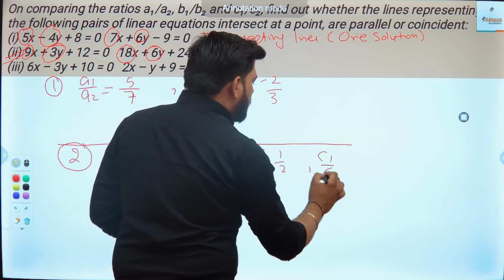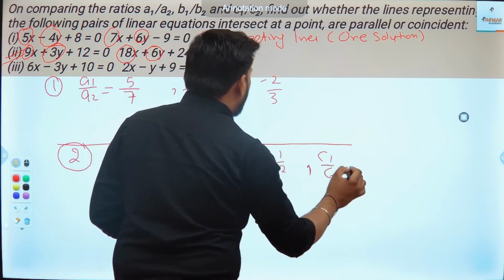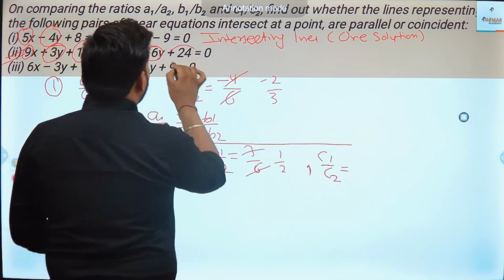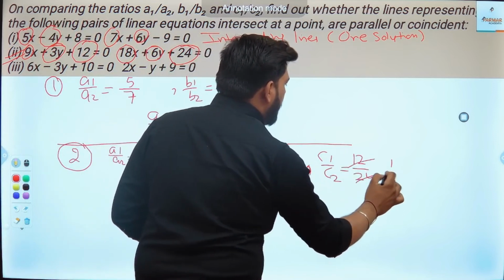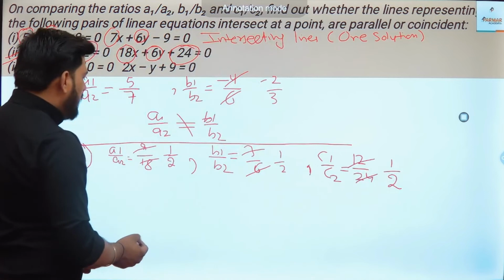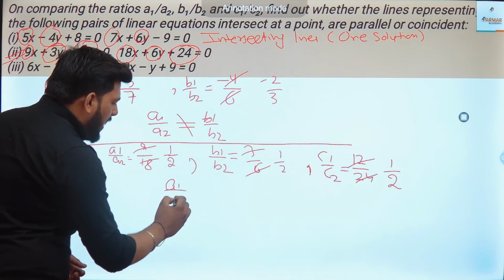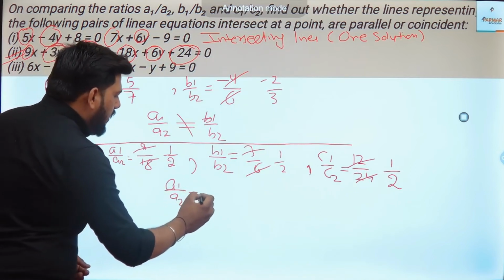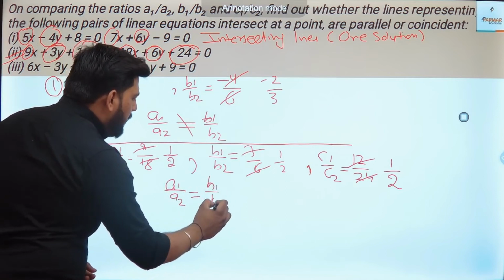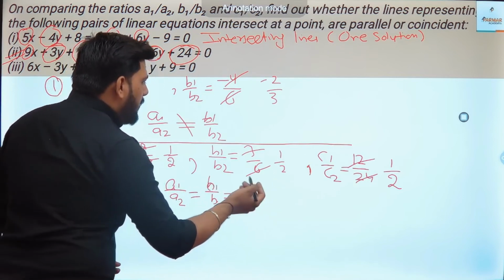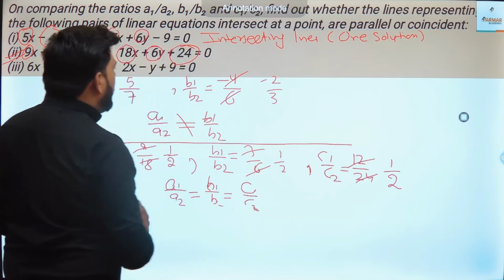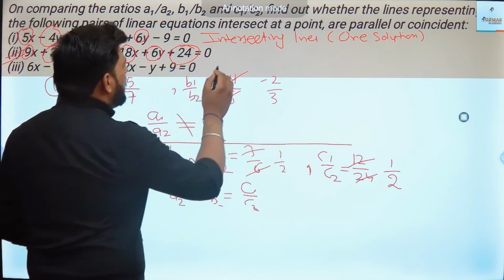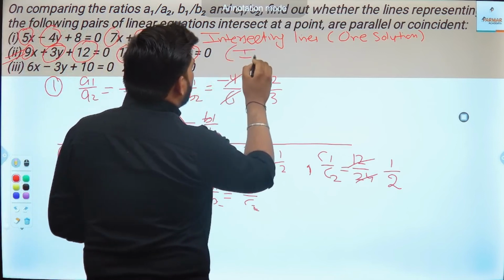The third ratio, the ratio of constant terms, is 12 upon 24, which is again equal to 1 by 2. Now look here, all three ratios are equal: a1 by a2 is 1 by 2, b1 by b2 is also 1 by 2, and c1 by c2 is also 1 by 2. So these two lines represent coincident lines, and they have infinitely many solutions.